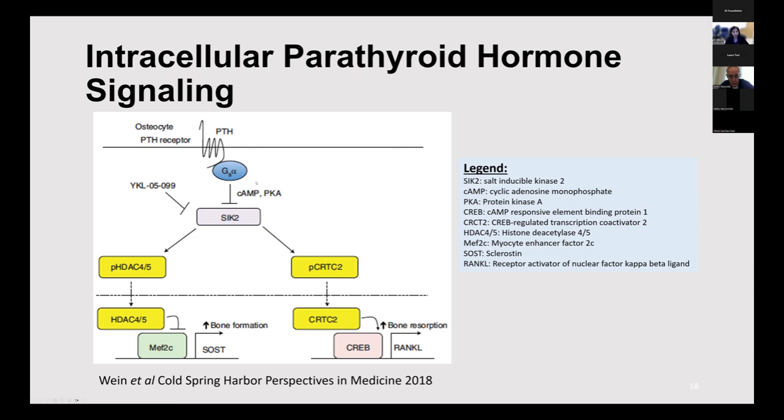It remains to be seen if this pathway is also seen in other target cells of the bone marrow and the skeleton. And the other thing to note here is that salt-inducible kinase is actually being targeted for drug development, and inhibitors that target this kinase are currently in development for treatment of osteoporosis.